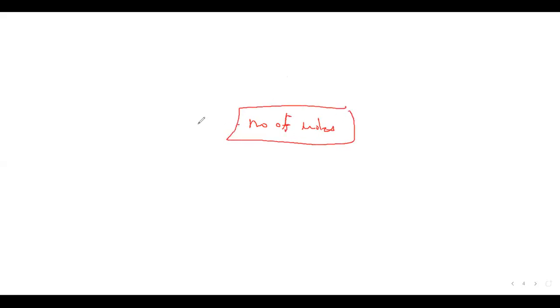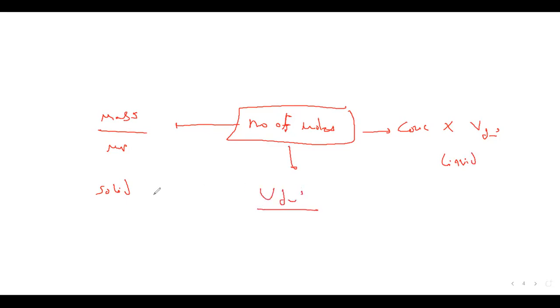Number of moles is equal to mass over molar mass in case of solid, equal concentration multiplied by volume in decimeter cubed in case of liquid, equal volume in decimeter cubed over 24 in case of gas at RTP, equal volume in decimeter cubed over 22.4 in case of gas at STP.